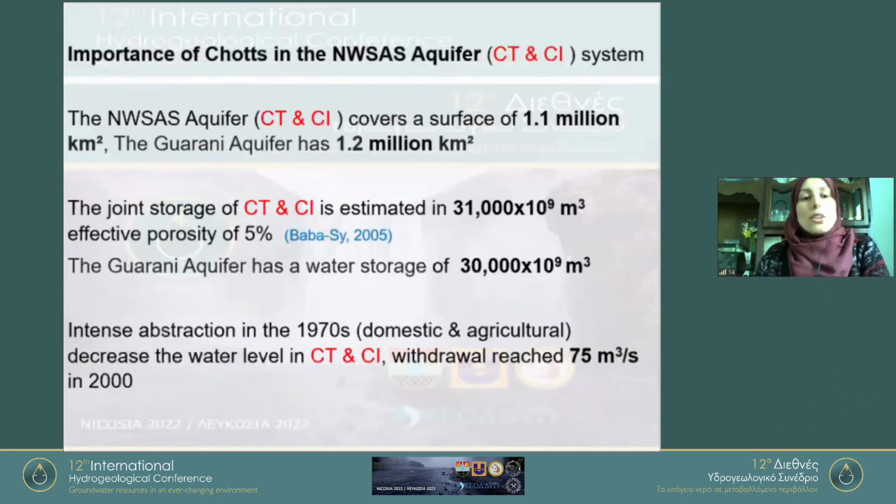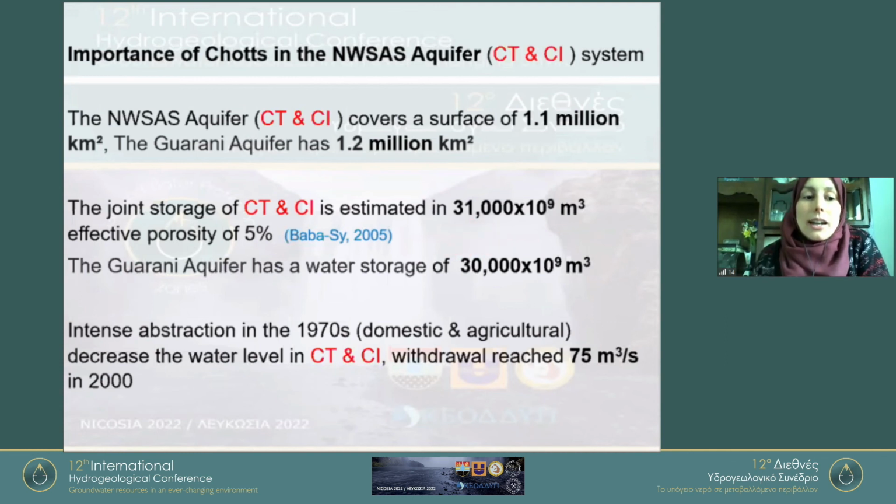Why are the shots important? The northwestern Sahara Aquifer system covers a surface of 1.1 million square kilometers. When it is compared with the Guarani Aquifer, which is 1.2 million square kilometers, we see that the storage of the northwestern Sahara Aquifer system is larger than that of the Guarani Aquifer, with an effective porosity of 5%.